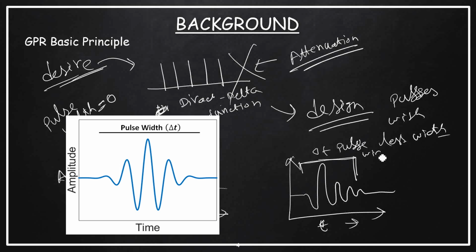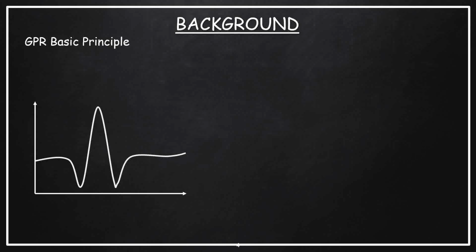So what they are trying to do, the instrument designers, they are trying to design the instrument so that delta t is near about 0. For this reason, they have designed the GPR pulse, or the transmitting pulse, like this.